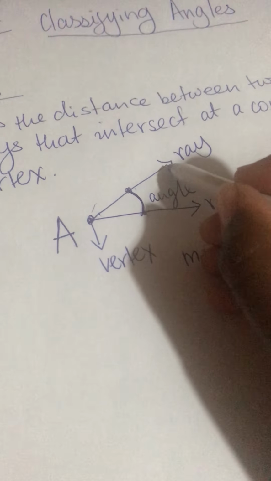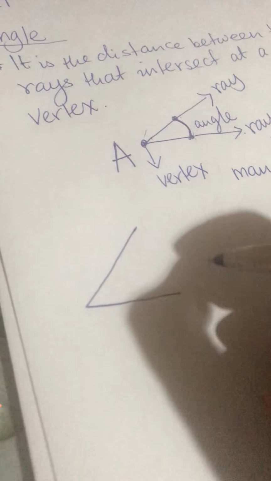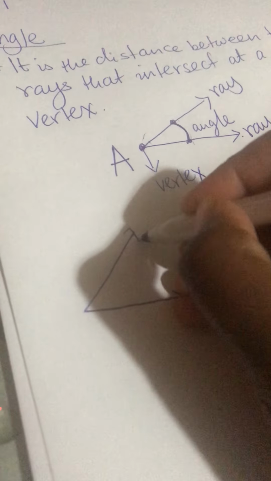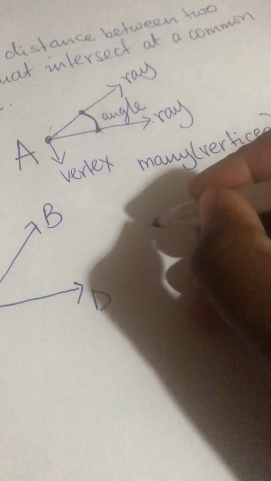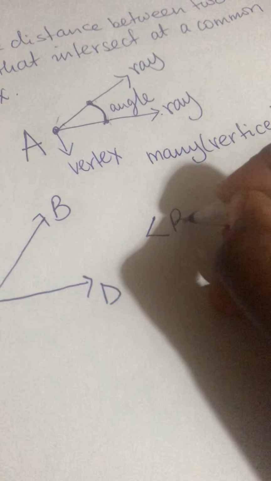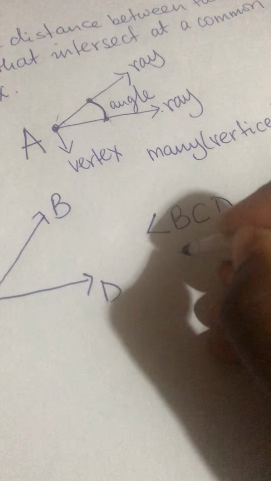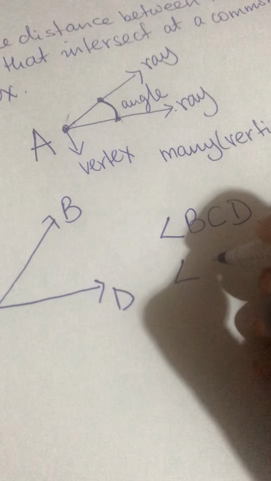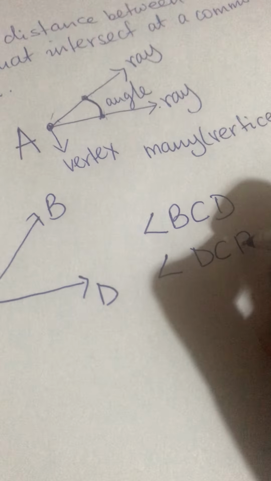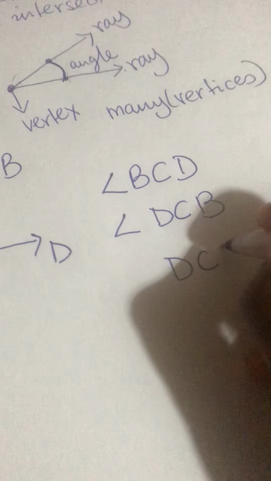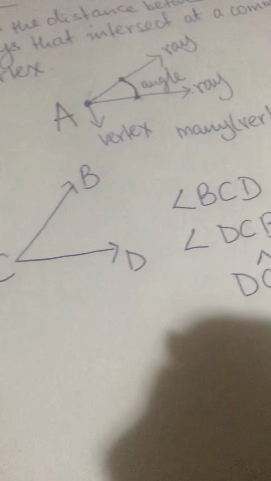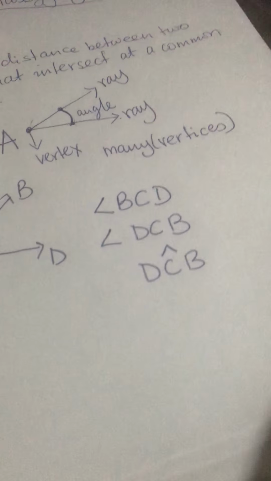So, this is angle A. Or, I can say, this is B, C, D. I can say this is angle B, C, D. Or angle D, C, B. Or D, C, B with the arc on C. That means I am talking about this angle.